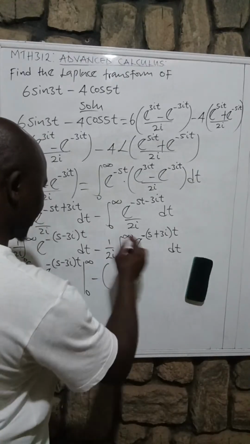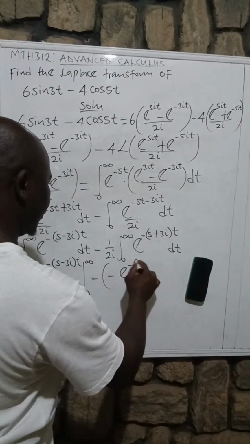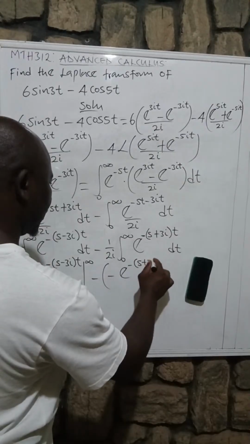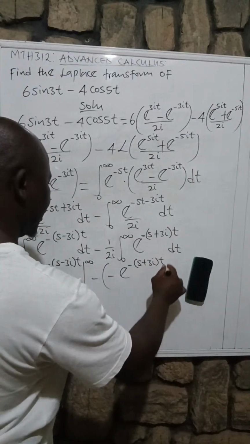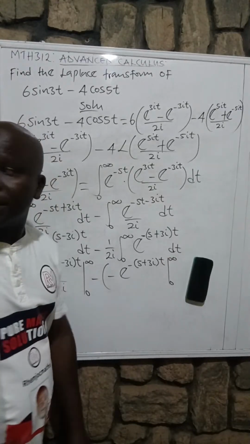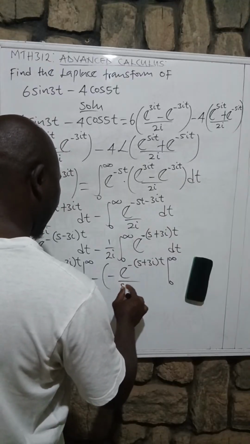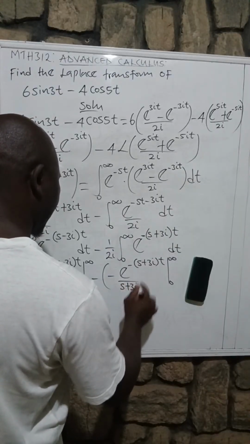Open bracket, integrate: minus exponential minus open bracket s plus 3i t at 0 to infinity, all over s plus 3i.